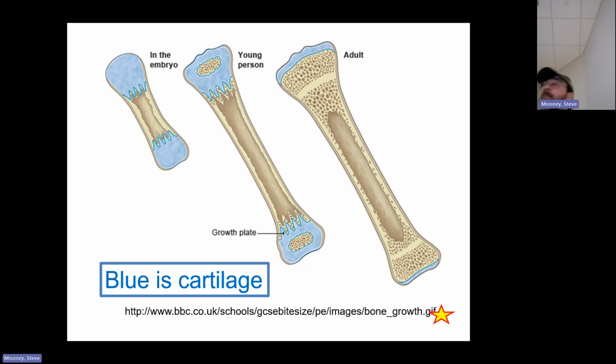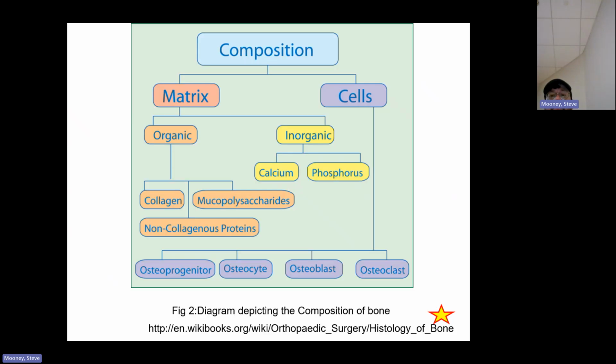So over time, you're going to get more and more inorganic components replacing or ossifying those protein components. So again, as we get older, we get more and more of this added in to the structure we've established already.